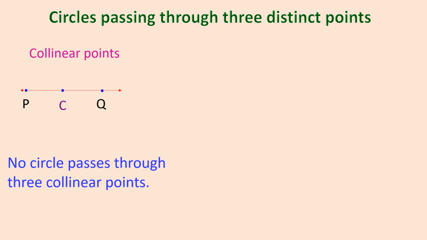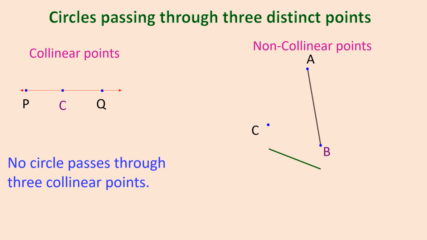Clear? Let us see what happens when the points are non-collinear. Non-collinear points means there will be three segments. See here, and a triangle will be formed. We have drawn in the previous class how to draw the circumcircle.